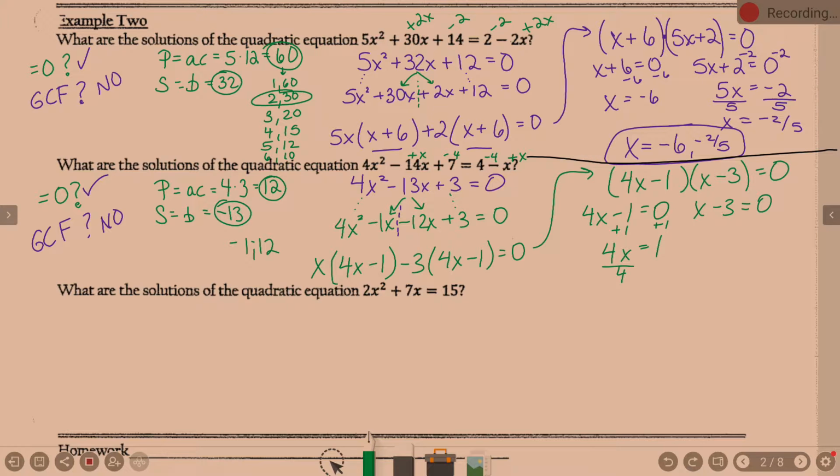I don't think this is the part we struggle with. I think if you guys can get to this part, 1 divided by 4, we have 1/4 is what I would say. Some of you may have said 0.25. And over here, if it was x minus 3, you had to add 3. So we had solutions of 1/4 and 3.